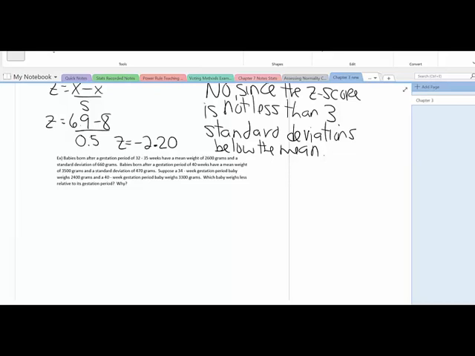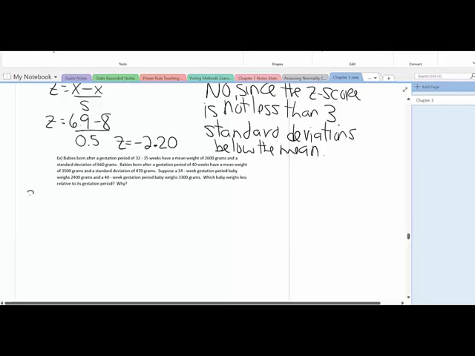Suppose a 34-week gestation period baby weighs 2,400 grams and a 40-week gestation period baby weighs 3,300 grams. Which baby weighs less relative to its gestation period? Why? So again, we're trying to compare apples to oranges right now. With a z-score, we want to be able to compare apples to apples.